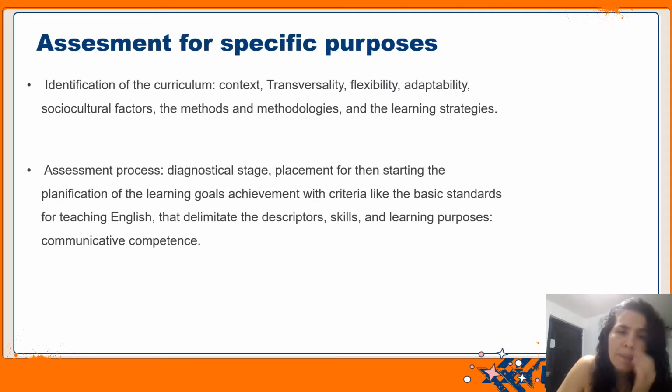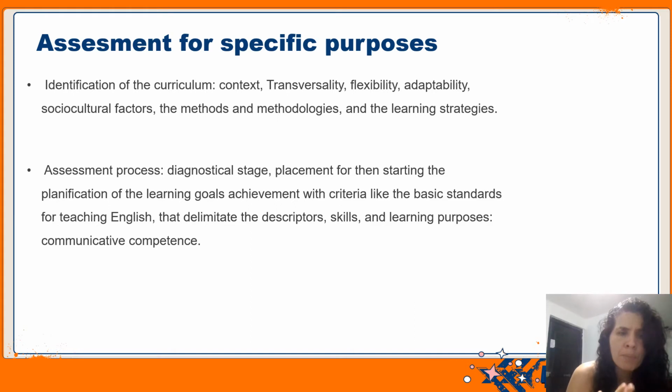The first step is the identification of the curriculum, the context and its application with transversality, flexibility, adaptability, and sociocultural factors, the methods and the methodologies and the learning strategies.